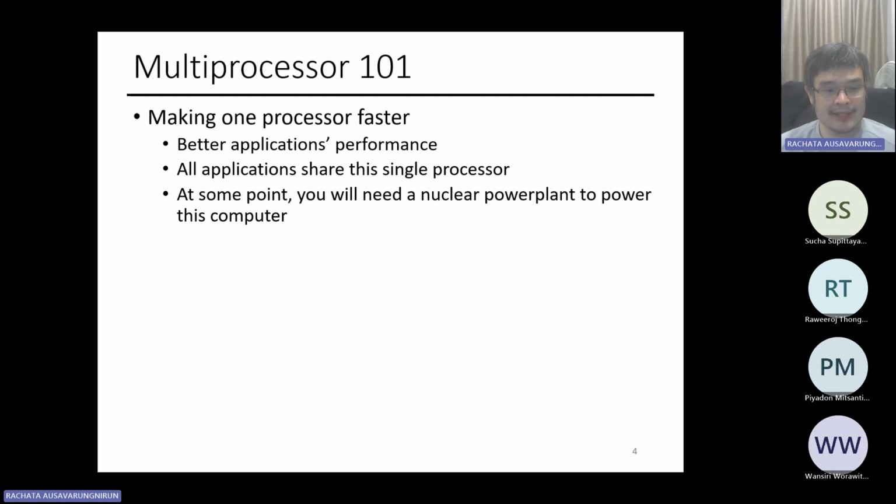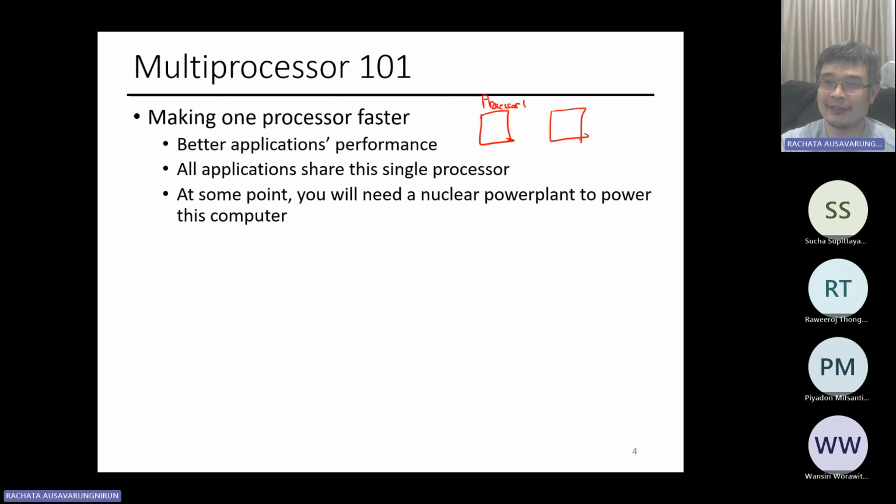So one way to scale this up, right, is instead of making one core that is really, really fast, you can slow them down a little bit, then make multiple copies of the core. And you can have something we call multiprocessor. Basically, it's a system that consists of multiple processors.